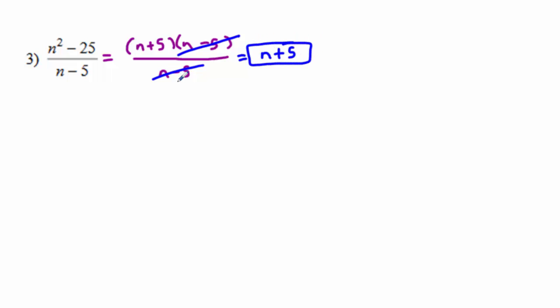And since everything canceled from the bottom, it'd be like there's a 1 on bottom. I don't have to actually put the 1 from the bottom like I do if the 1 is on top. So n plus 5 is my answer, and I have to look at, before I canceled, what can n not be? So n can't be 5 because of the n minus 5 on the bottom of our fraction.